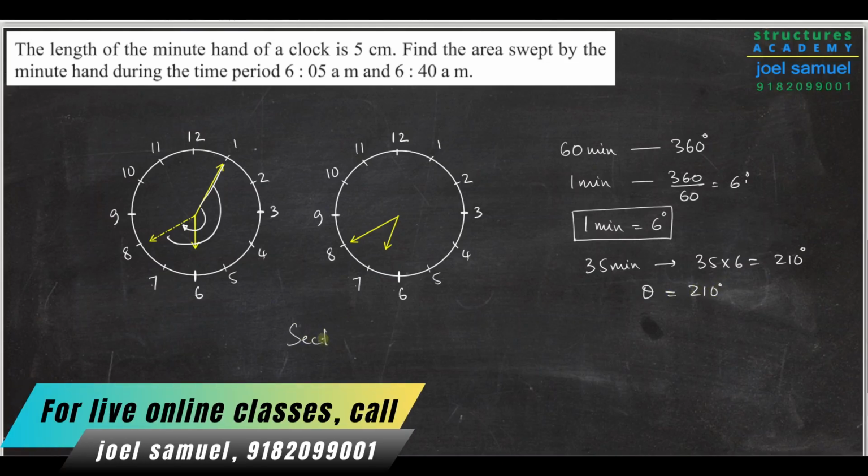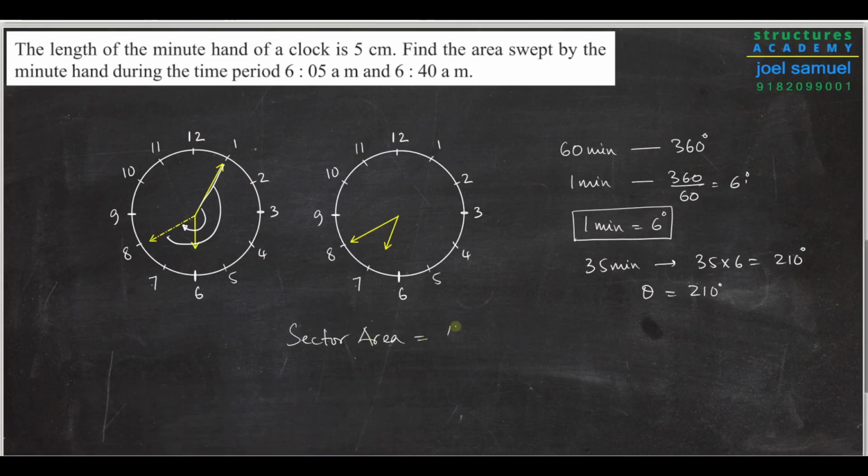We know the sector area formula is pi r square theta over 360. The radius is given as 5 centimeters. R is equal to 5 centimeters. So let us plug in the numbers. 22 by 7 times 5 squared into 210 divided by 360. 7 cancels 210, 30 times. 0, this goes 12 times. 6's are 11's are.